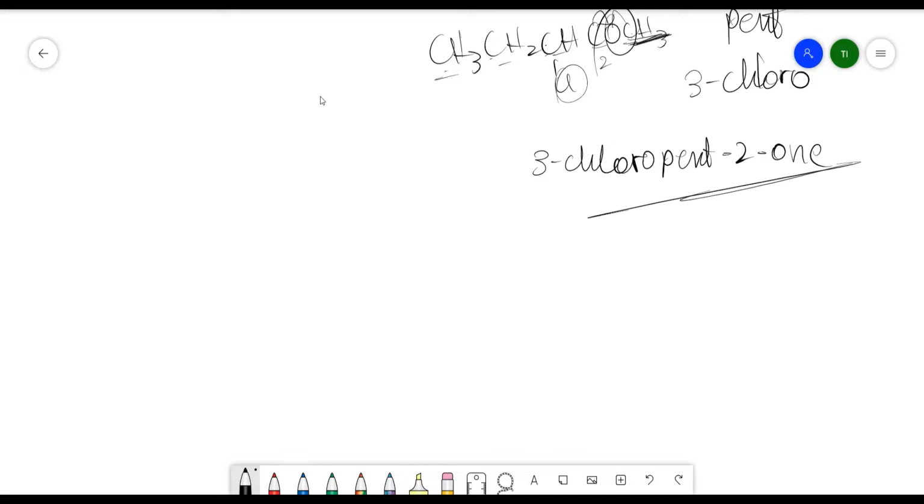So let's try naming this. Go ahead and pause the video if you want to. To make it easier for everyone watching, we'll first draw the structural formula. 1, 2, 3, and this is the fourth as well. So 1, 2, 3, 4.